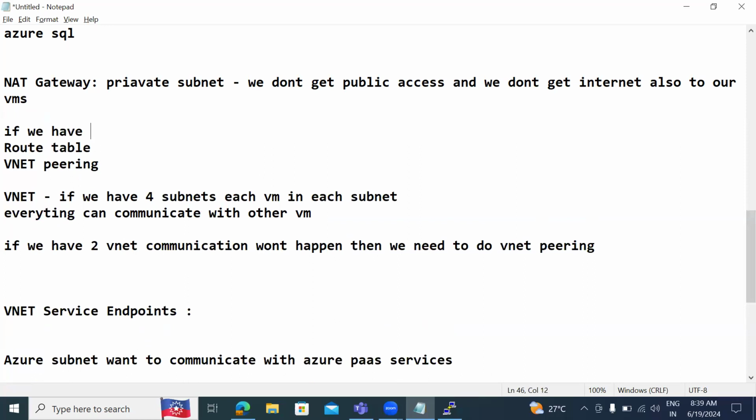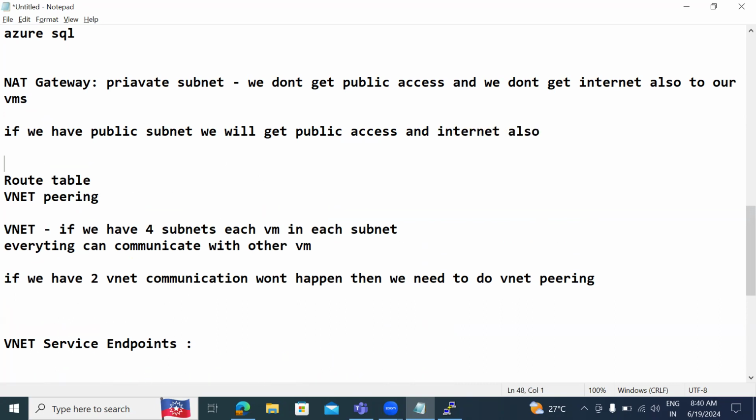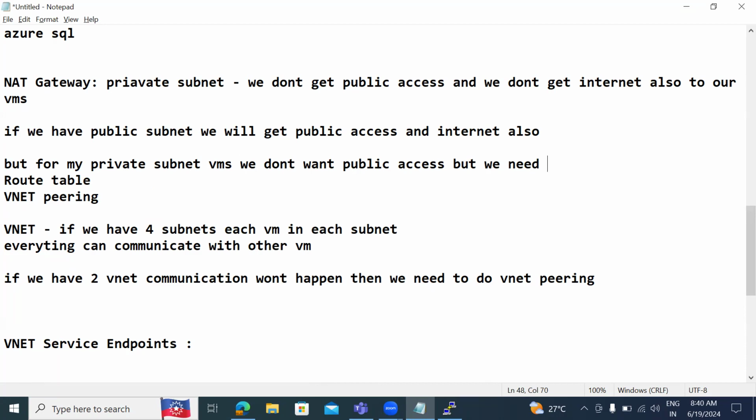If we have a public subnet, we get public access and internet. But for my private subnet VM, we don't want public access, but we need internet.